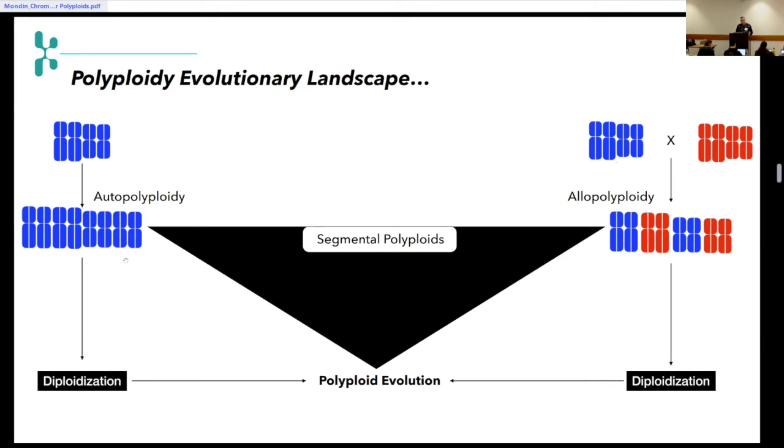I have a real autopolyploid when I am inducing the polyploid in a specific species, or I have a real allopolyploid when I am inducing the polyploid in a hybrid between different species.